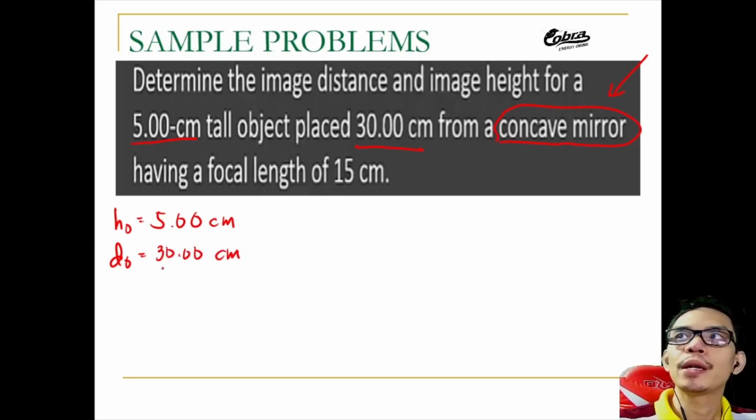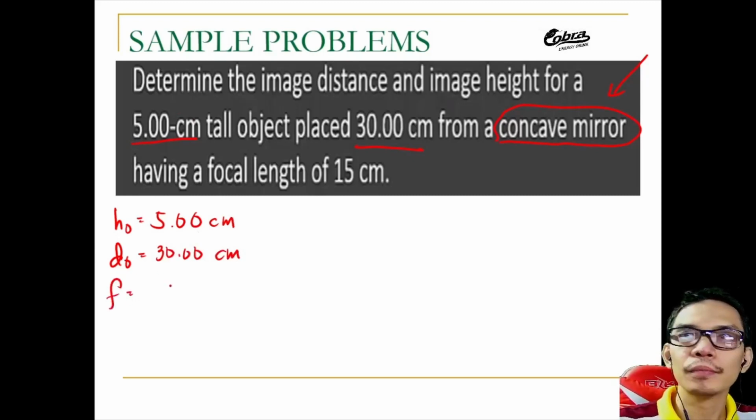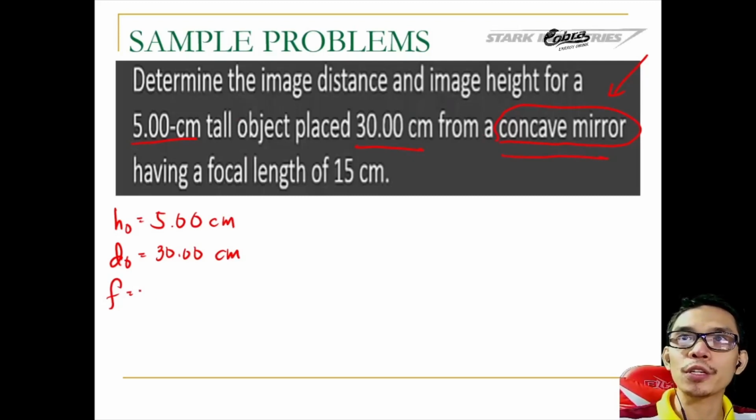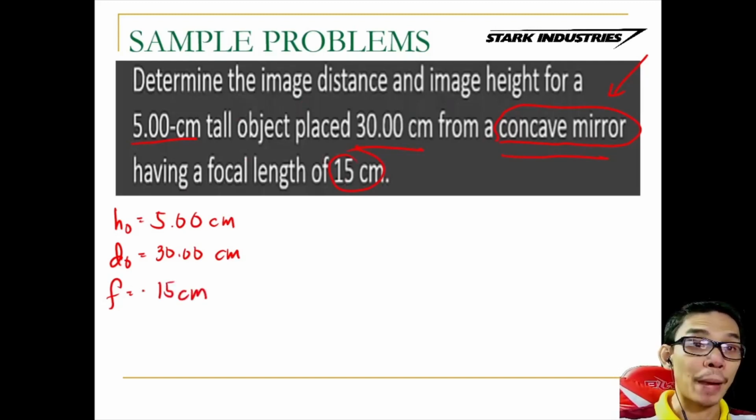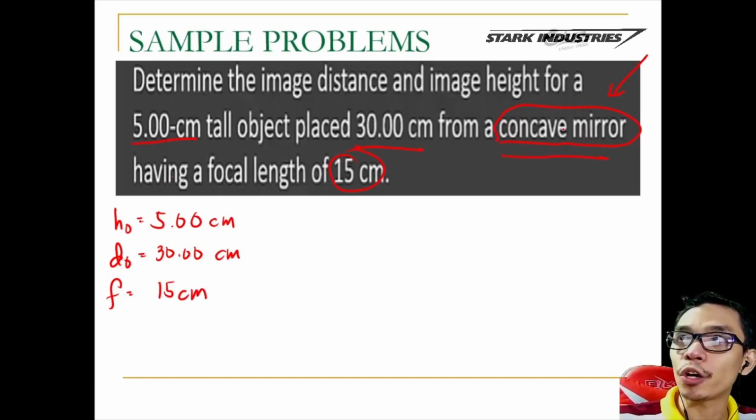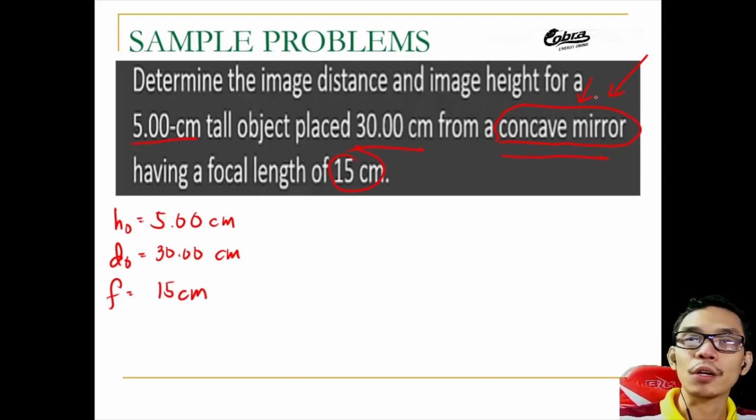Next one, how about the focal length? Since it is a concave mirror, this 15 centimeters is positive. So that is a positive 15 centimeters, not negative, because this is a concave mirror.